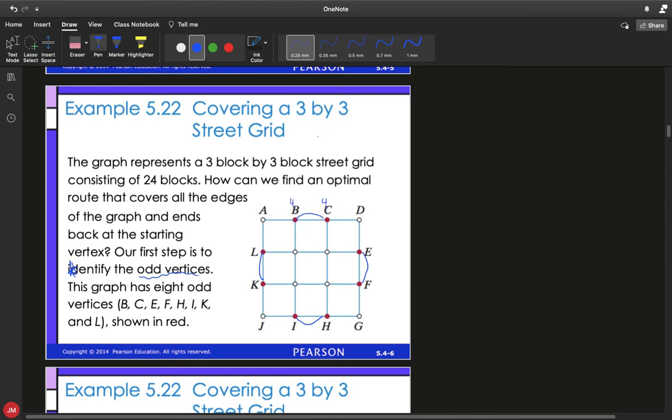It now has a degree of 4, and so does C. In other words, all of our odd vertices are now even, so our entire graph is even. And that's good because now we can make either an Euler circuit or an Euler path.